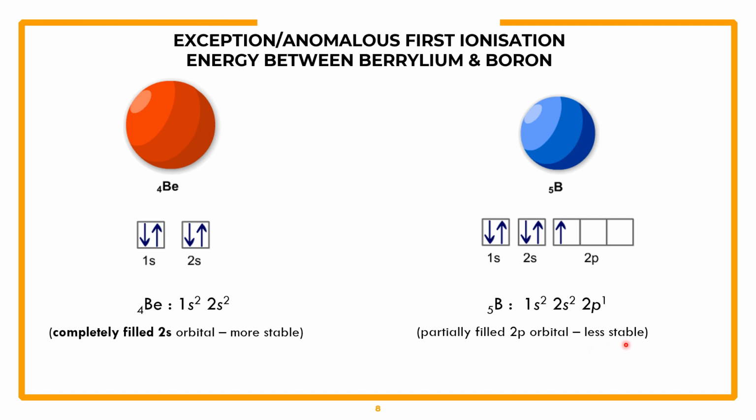So bila less stable bermaksud lebih mudah untuk kita buang this first electron during the ionization process. So that's why the first IE for boron is lower than the beryllium. Walaupun boron ini berada pada grup 13, ZeV-nya lebih tinggi daripada beryllium dan atomic size-nya lebih kecil daripada beryllium.